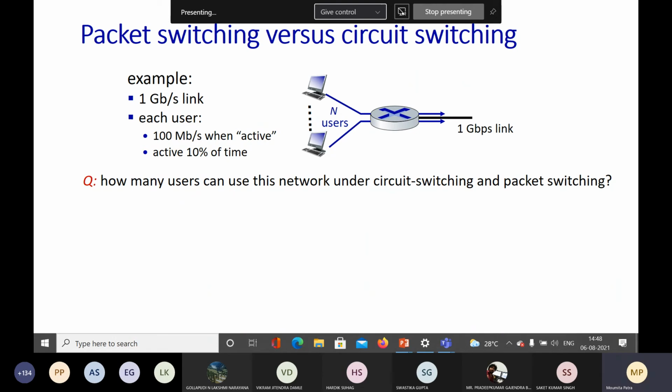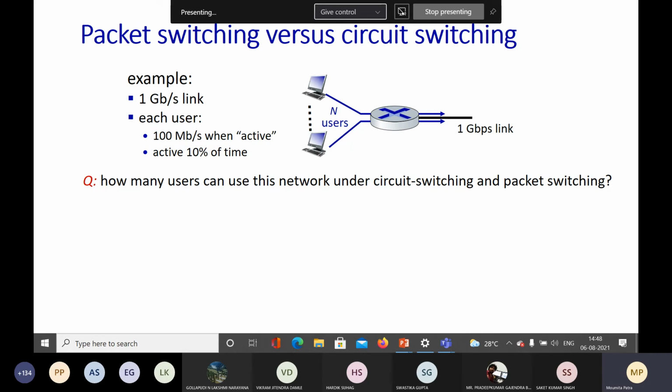Why? Because suppose there are n users. Now I know they will be active only for 10% of the time. But if I'm using TDM, the moment I get my time slot, I may not be active. But I can have some data in between the slots that were given to me, some amount of data that got generated.